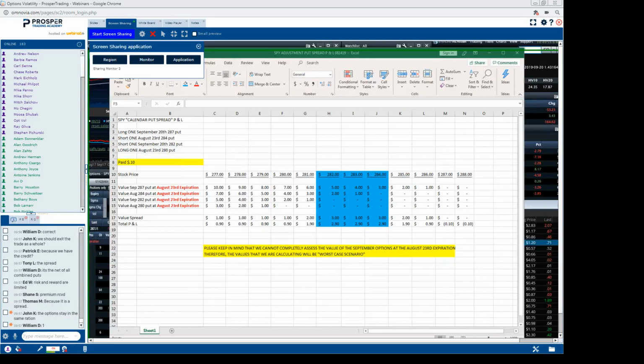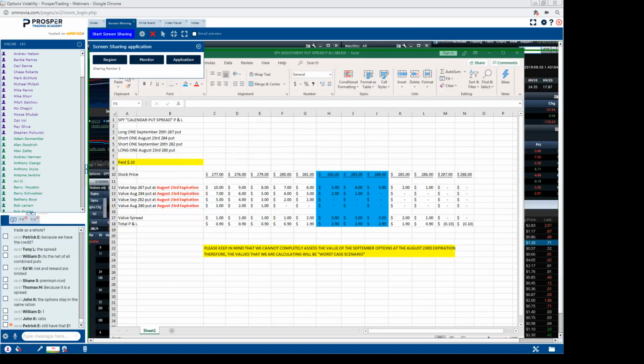Exactly. Okay, remember here, guys, we have a long $5 wide put spread and a short $4 wide put spread. So if all of the premium was taken out of the options, if there was no premium left, what would we be left with? The difference between the strikes in the two put spreads, which is $1.